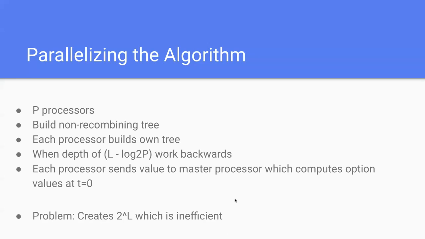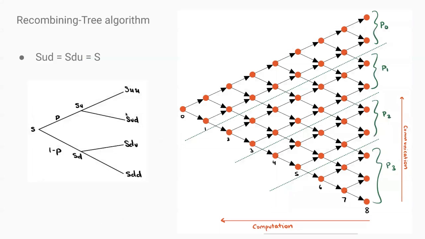So now we'll focus instead on creating a recombining tree that reduces the number of nodes by making sure that these two values, S_UD and S_DU, are equal. For the recombining algorithm, we'll assume that the number of levels and the number of processors are powers of 2.